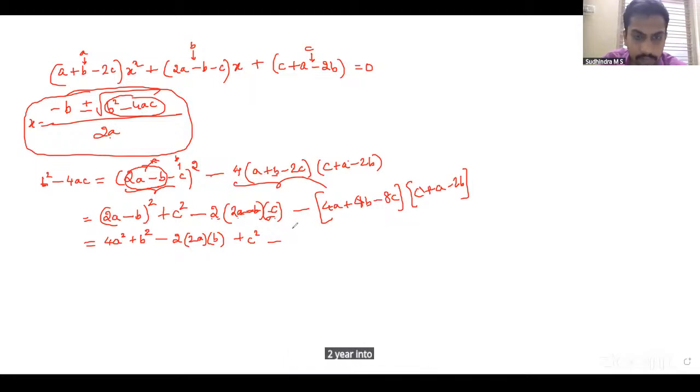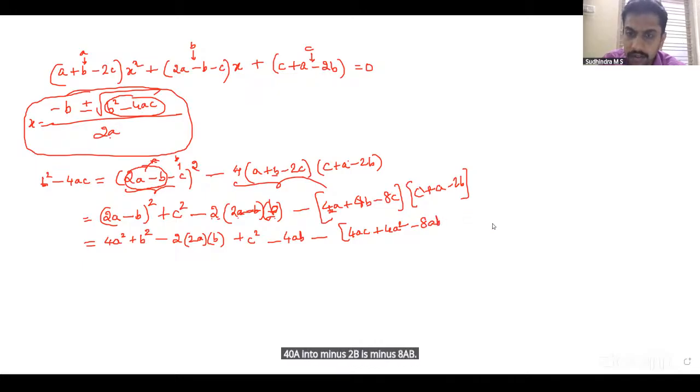How much do I get here? No, it should be 2a into b, right? Yeah. 2 into 2a into b is 4ab minus, now multiply this. How much do we get if I multiply those? 4a into c is 4ac. 4a into a is 4a square. 4a into minus 2b is minus 8ab.